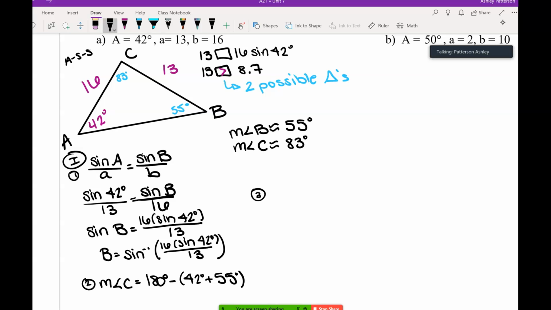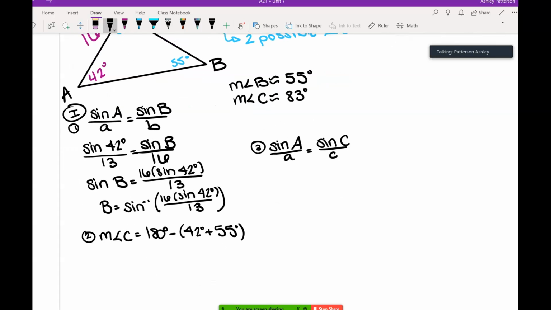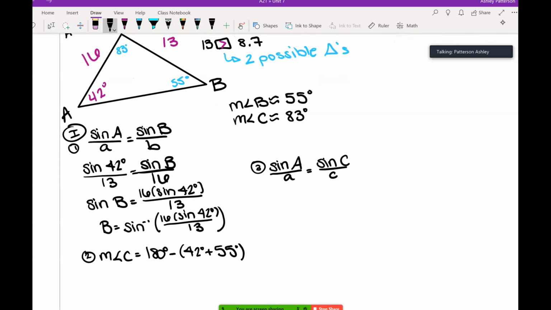Here we go. The sine of angle A over little a is equal to the sine of angle C over little c. So I've got the sine of 42 degrees over 13 equal to, now we know that angle C is 83 degrees, so I'm going to say the sine of 83 degrees over little c, because that's what we're looking for.